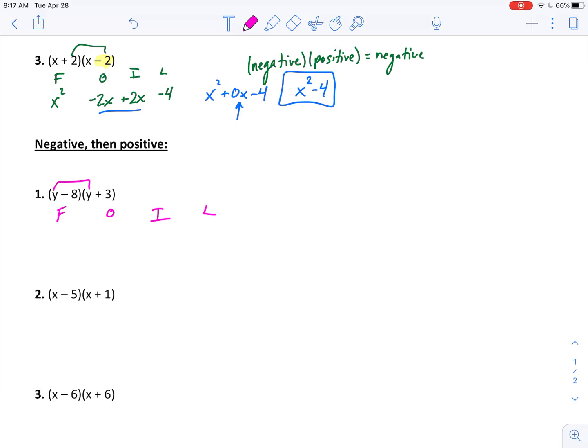Alright, now let's try a couple of these where I'm going the opposite direction. See, here in all of these I had my positive number on the left and my negative number on the right. Let's try the other way. Same process, just something slightly different. So we're still going to FOIL. First is y squared.